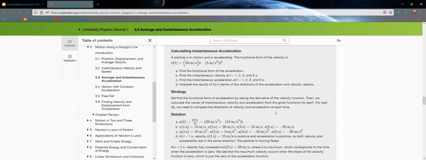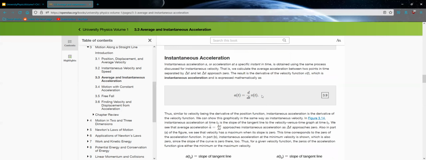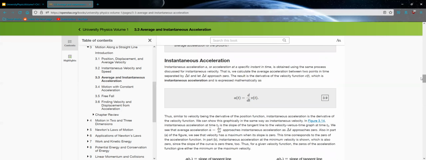Easy enough. But how do we use that information? What can we find out, useful byproducts, given what we just talked about here? Yes, we very much can. If we take our velocity, and I want to say these equations are shown in the book, right here. So if you're looking at this, you're like, I don't get what's going on here. Scroll up a little bit in the textbook, right?